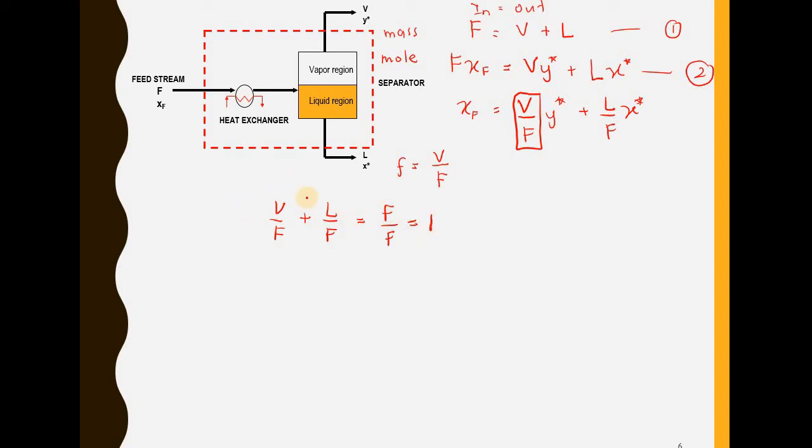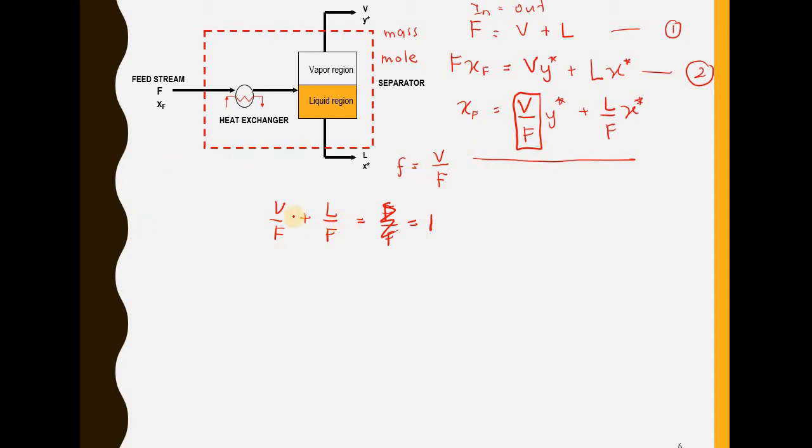So the vapor portion from the feed plus the liquid fraction from the feed will be equal to 1. I will rewrite this equation in terms of f and in terms of 1.